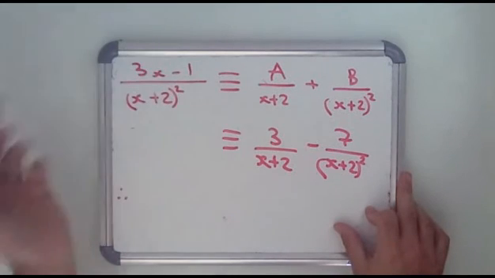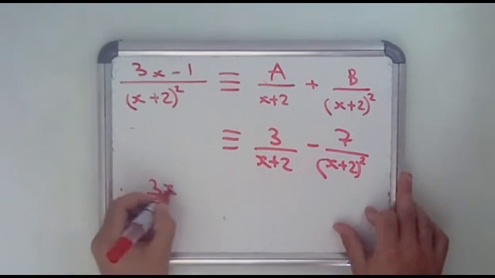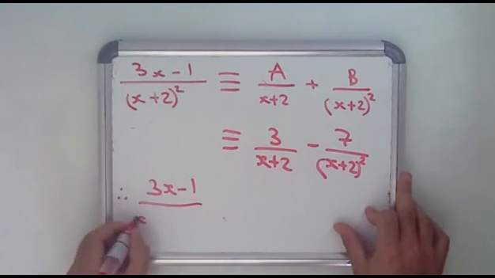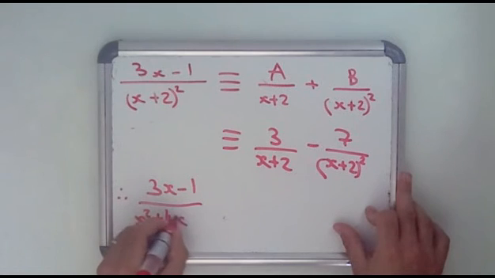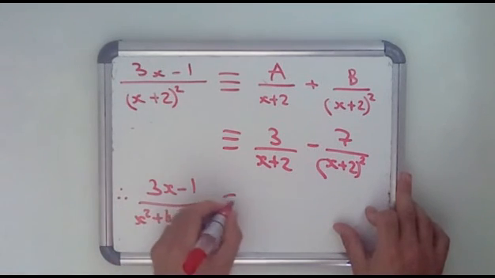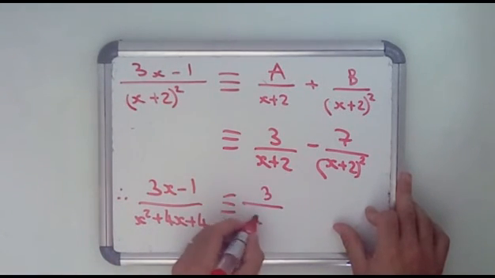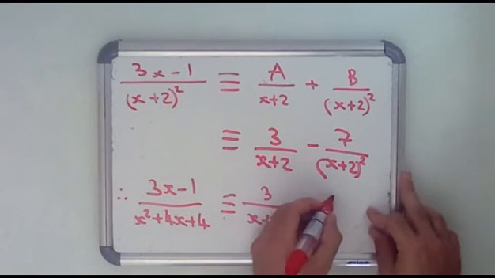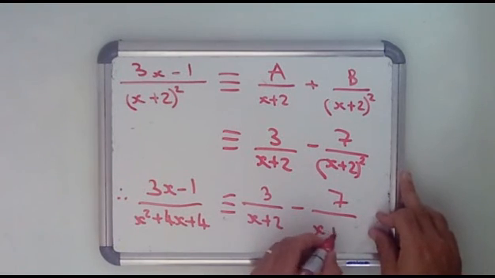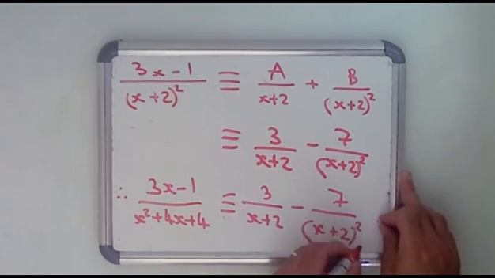If I just write that in the form it was given in the question, (3x - 1)/(x² + 4x + 4) is identical to 3/(x + 2) - 7/(x + 2)².